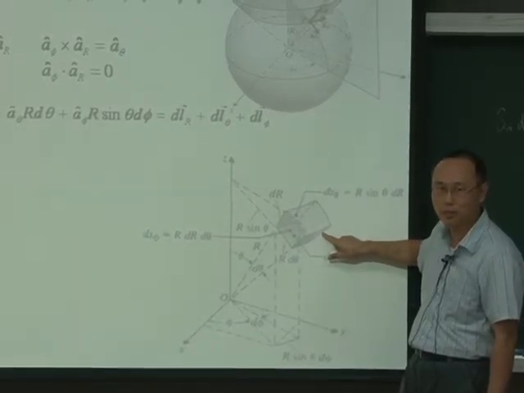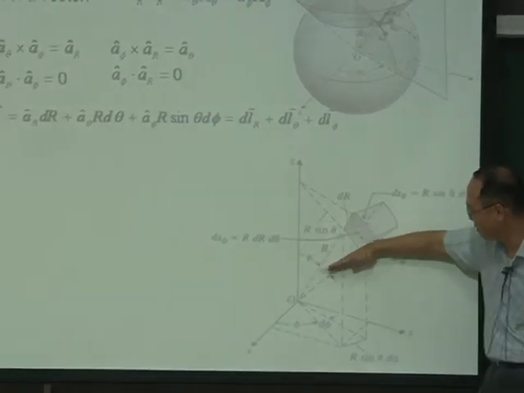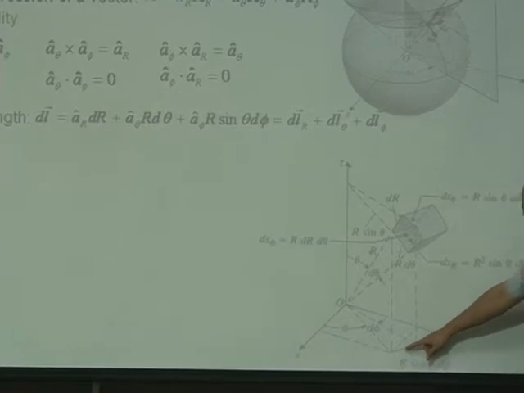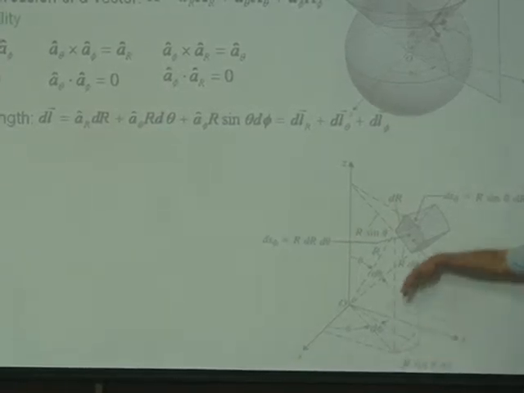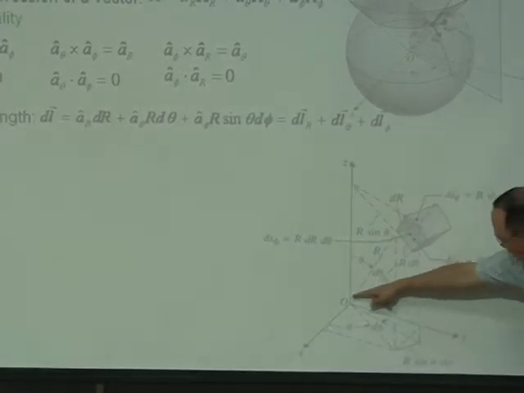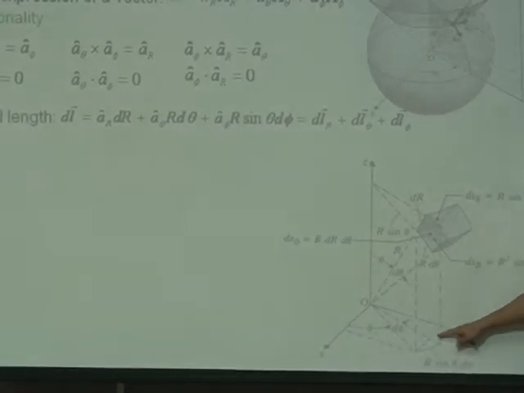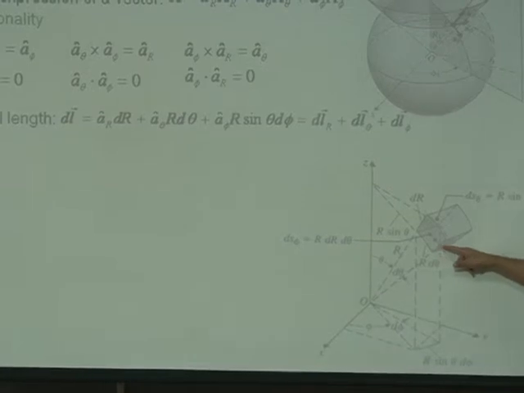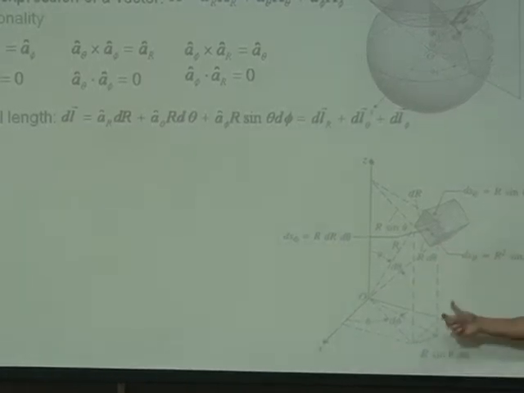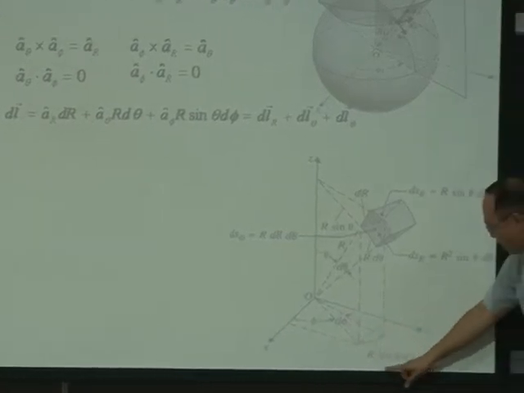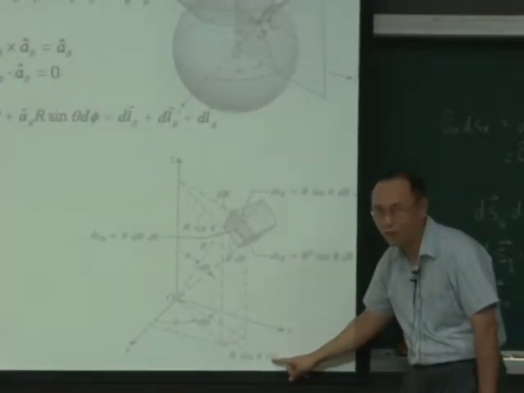And then the length along this direction is a little bit complicated. You have to project your r onto the xy plane. And then calculate the length of this. Once you do this projection, the length here is equal to r sine theta. All right, and then this differential length right here is going in the direction of phi. So you pick up the differential angle d phi to give you r sine theta d phi.